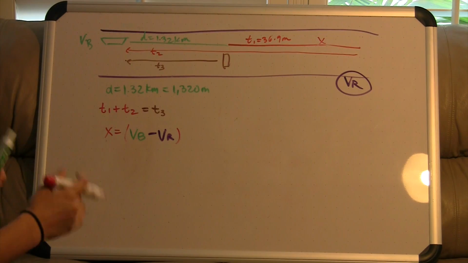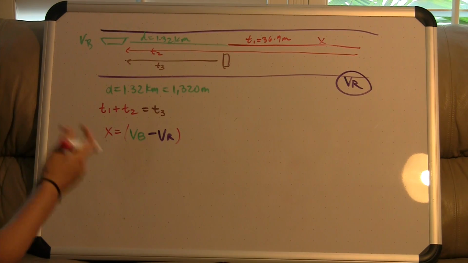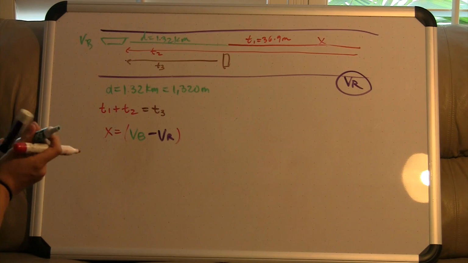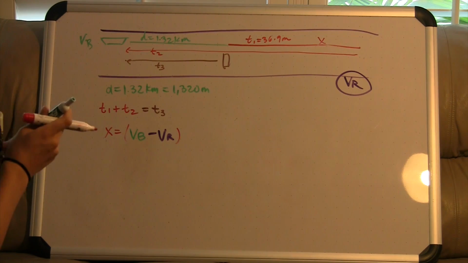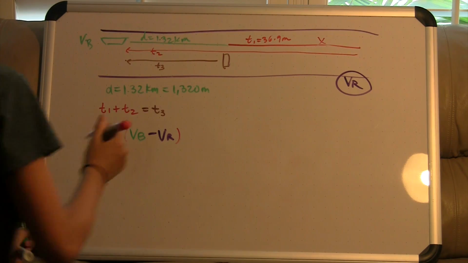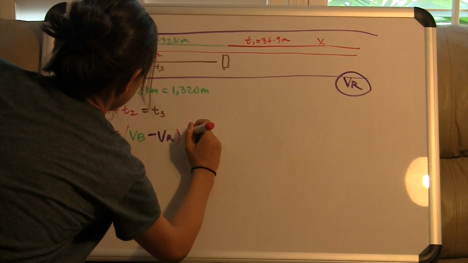So position is velocity times time, and since there's no acceleration, we don't have to worry about that. So the time would be T1.